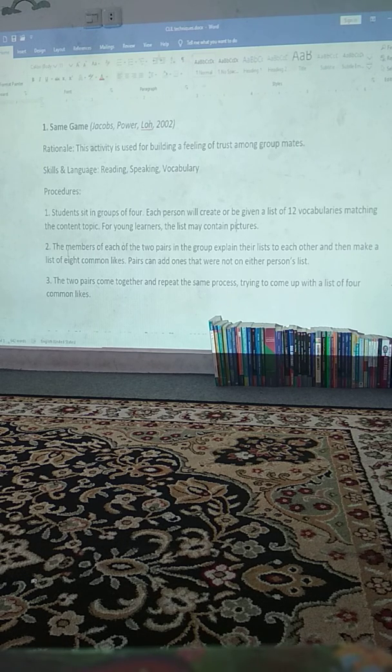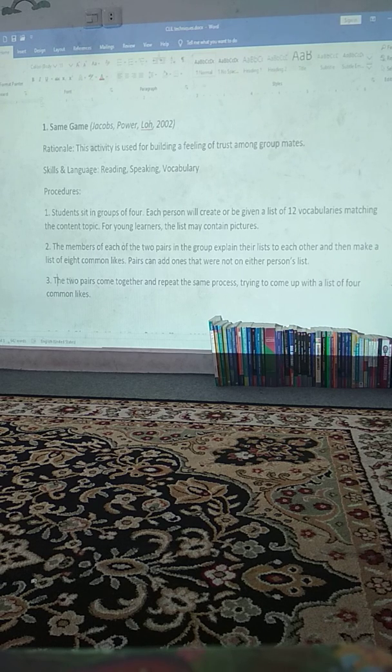So by trying to find similarities instead of differences, it creates the feeling that, okay, we belong to the same group, we've got the same tastes, and therefore we should trust each other. We belong to the same community. It's very humanistic according to some experts, especially the advocates of the Silent Way.